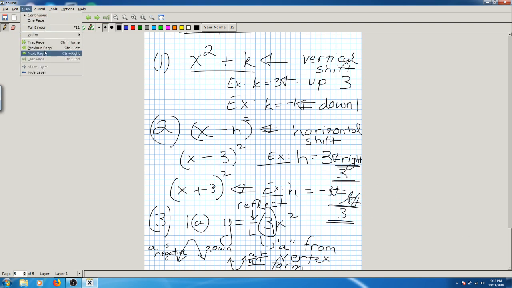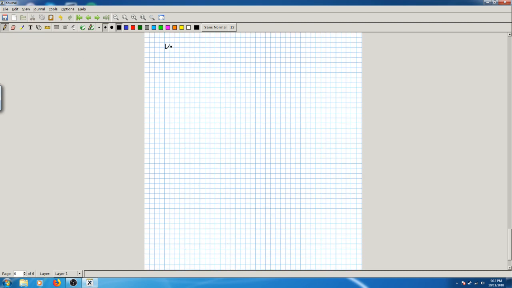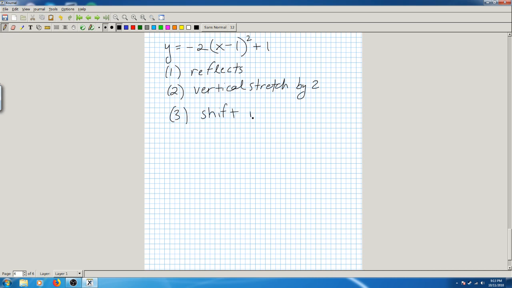So what if I give you guys a quadratic relation that's super complicated, like negative 2 times x minus 1 squared plus 1, let's say. This guy has 4 transformations. One is that it reflects. 2, vertical stretch by 2. 3, shift right 1.